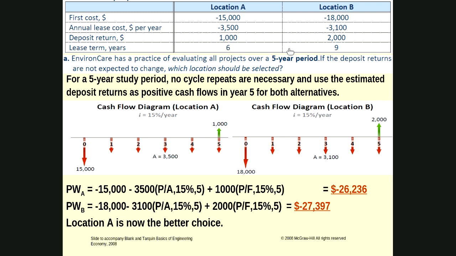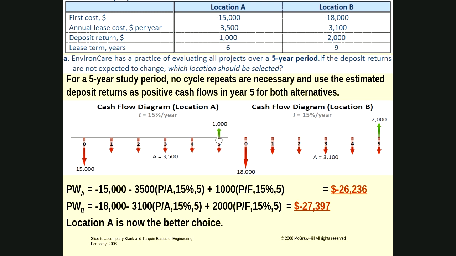Only 5 will be considered for both alternatives. Okay, what are we going to do for the remaining years? We will stop the cash flow at year 5, and all the values after year 5 will be ignored, and the salvage value will be placed on the last year in the study period.